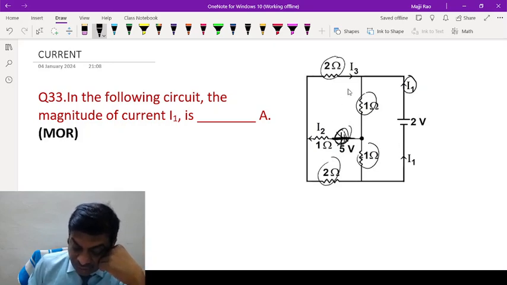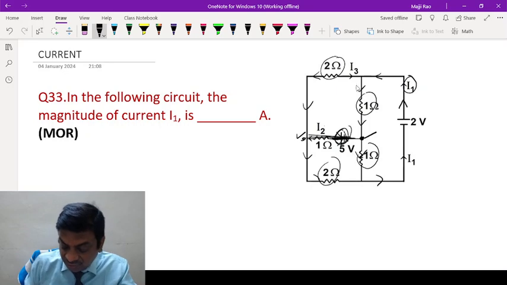So when P by Q is equal to R by S, then these 2 points will be equipotential points and no current will flow through this. So in such a case, there will be no current here. The current starting from this will flow this way, this current will come this way and this current will flow this way.